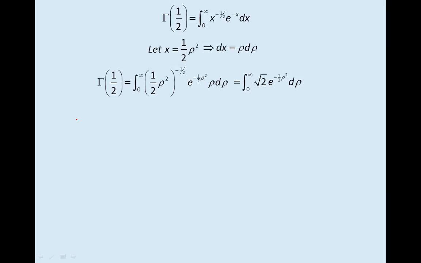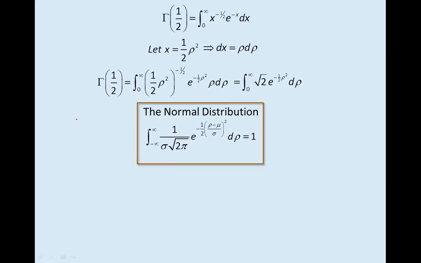Now, we have to figure out how to find that value. So here's what I want to do. I want to harken back to the normal probability distribution, this integral here. And notice that this integral goes from negative infinity to infinity. It has these parameters, sigma and mu.